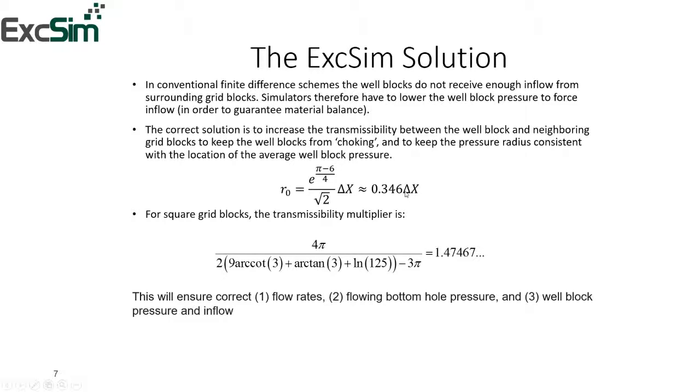So we move the pressure back to where it should be, and we make sure that the inflow is correct by multiplying the transmissibility by 1.47 so that the well block doesn't get choked, and to maintain material balance.